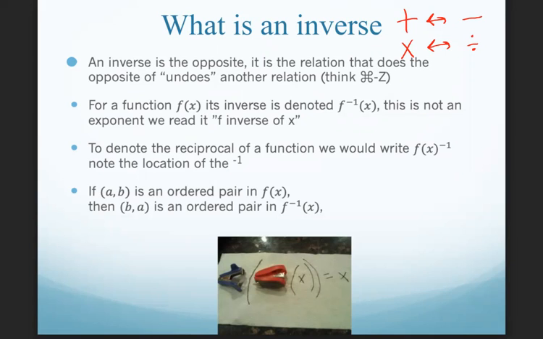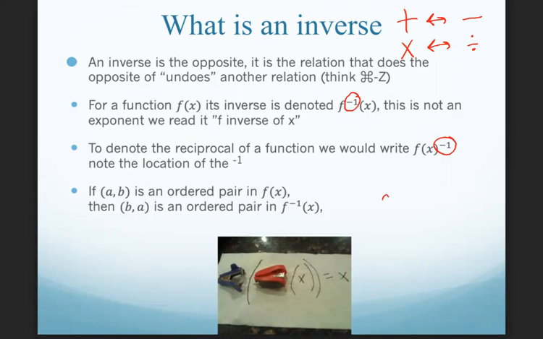Okay, so think about an inverse as the action that would undo another action. When we're talking about inverses, we have some special notation. If f of x is a function, then f inverse of x is written with this little -1. Now this looks just like an exponent, but it doesn't mean the same thing as when we have something raised to the -1 power, right?